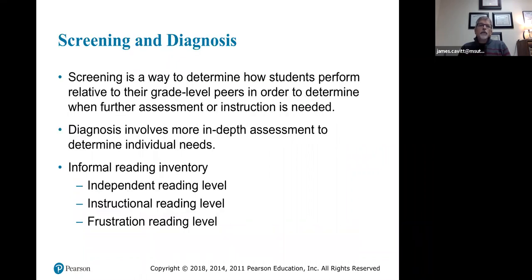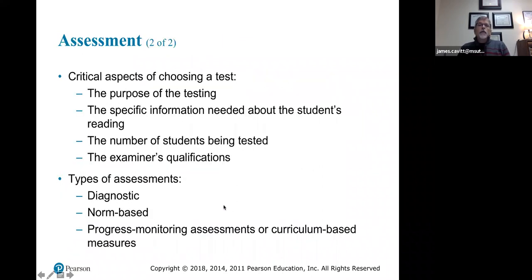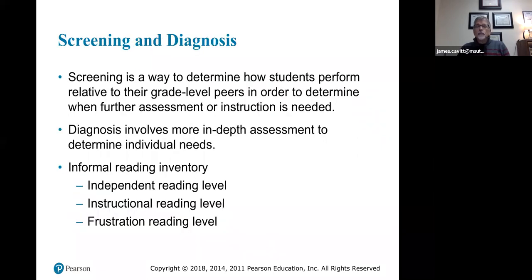Screening and diagnosis is important if the student is falling behind, to know where they're currently at, what their independent reading level is, what their instructional reading level is, and what their frustration level is, when it becomes frustrating for them to read. Then you become very scientific about that, and you meet those needs right where the student is currently at.